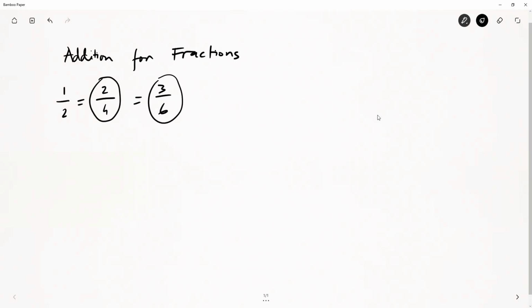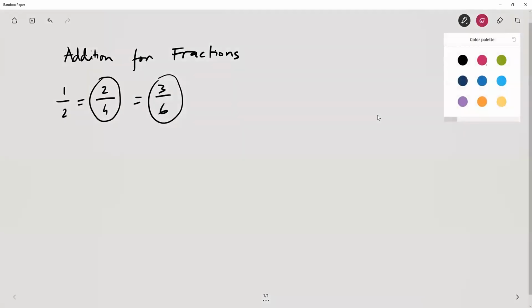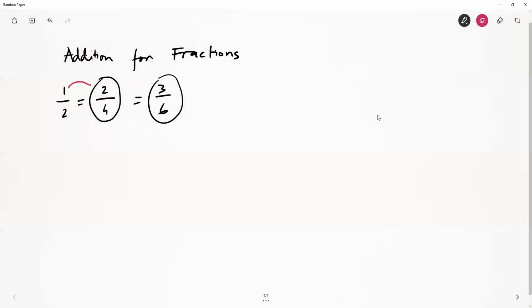Normally, when they got this fraction, they will explain, okay, we got this because we multiplied the numerator by 2. So 1 times 2, we got 2. And then we also multiplied the denominator with the same number, 2 times 2, so we got 4.